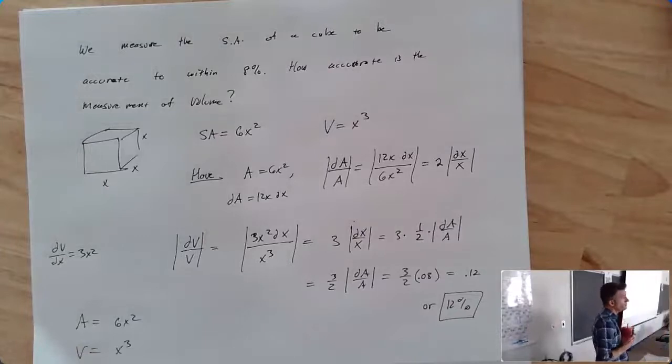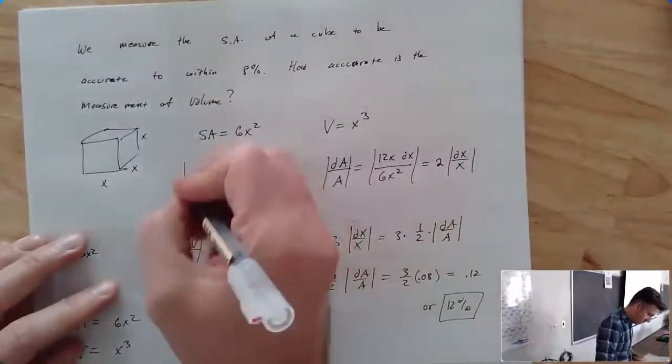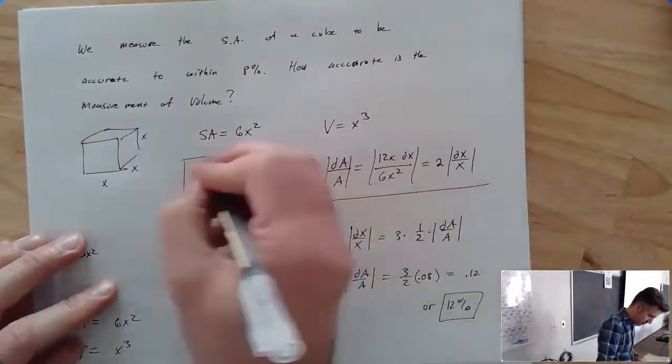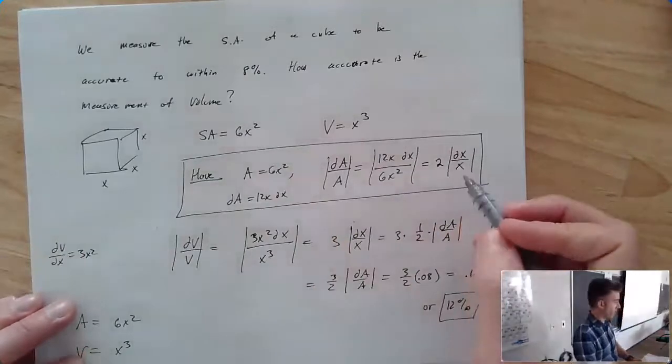I know that 3 dS over S is equal to 3 times dA over A. So I'm taking what I did up here. I know that dA over A is equal to 2 times dx over x.